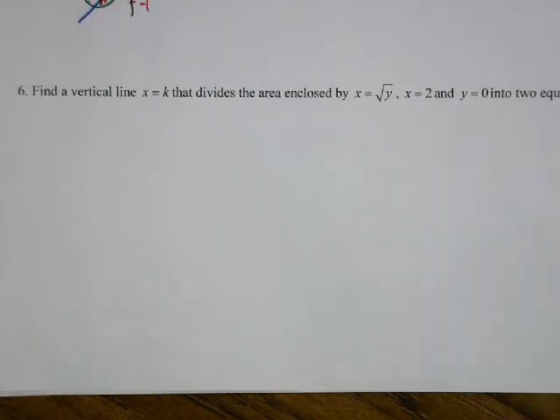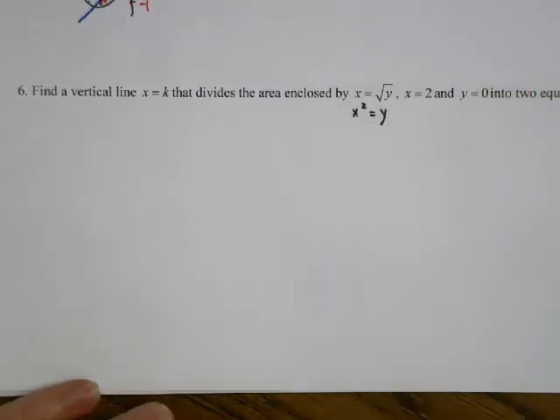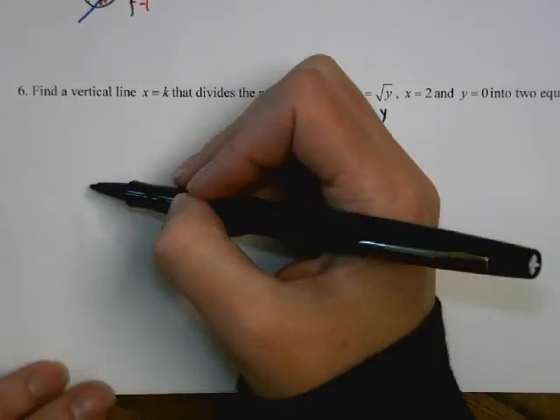We're going to find a vertical line, x equals k, that divides the area enclosed by x equals y squared, which is just x squared equals y, and x equals 2, y equals 0 into 2 equal parts.